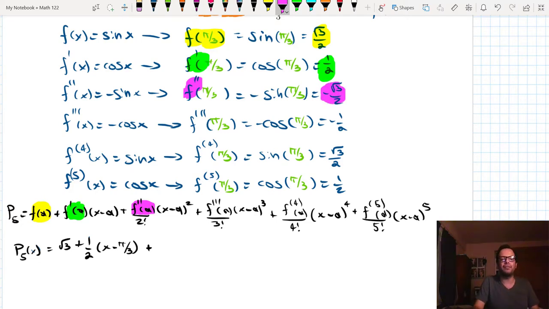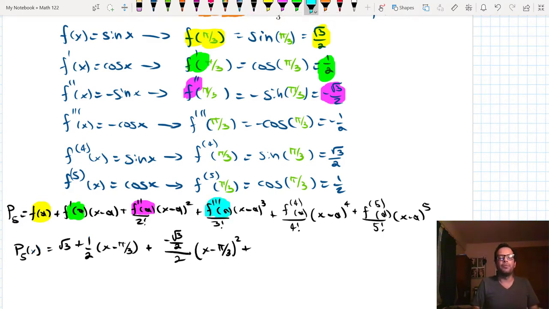We get negative square root of 3 over 2, divided by the quantity 2 factorial, which we said was 2, times x minus pi over 3 squared, plus, okay, I think I'm going to run out of colors here.